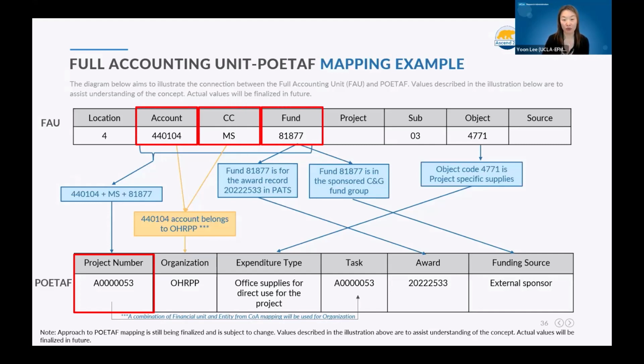But then there is also a segment that can have a nice one-to-one match, like expenditure type. Expenditure type value will be derived from the object code in the FAU. So I'm hoping that this example can help to visualize the relationship between POETAF and FAU a little bit better. Next slide, please.